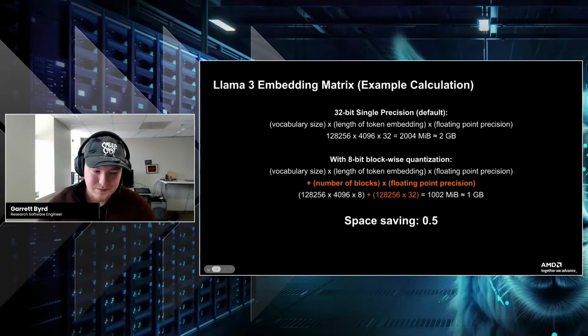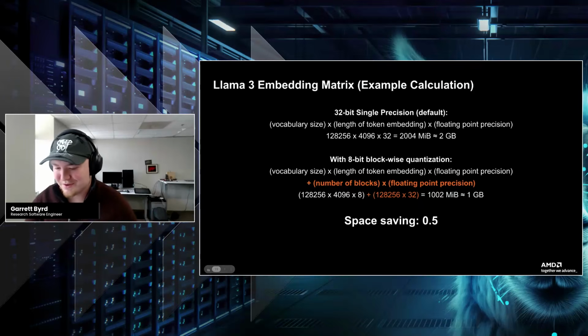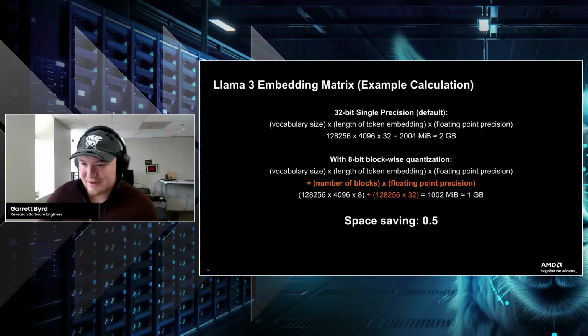And so we can do a simple calculation here. It maybe doesn't tell the whole story, but it's a good calculation to do nonetheless. Say we are looking at the embedding matrix for Llama3. This comes as 32-bit single precision. Llama3 has a vocabulary size of about 128,000, so there's that many tokens in the model.